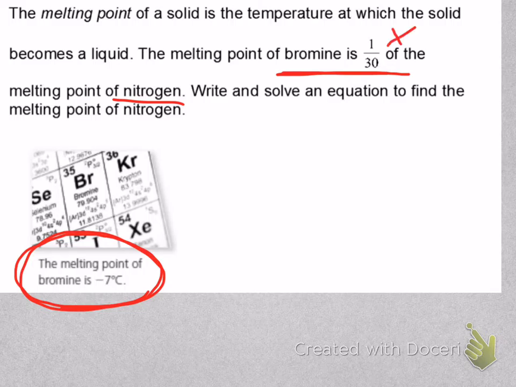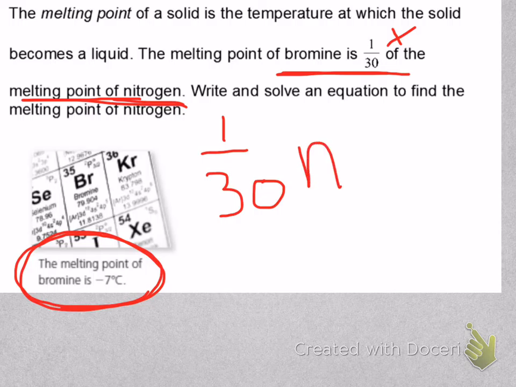Of means to multiply. So I could set up my equation as 1/30th times n, because we don't know the melting point of nitrogen. 1/30th times n equals the melting point of bromine, which is negative 7.